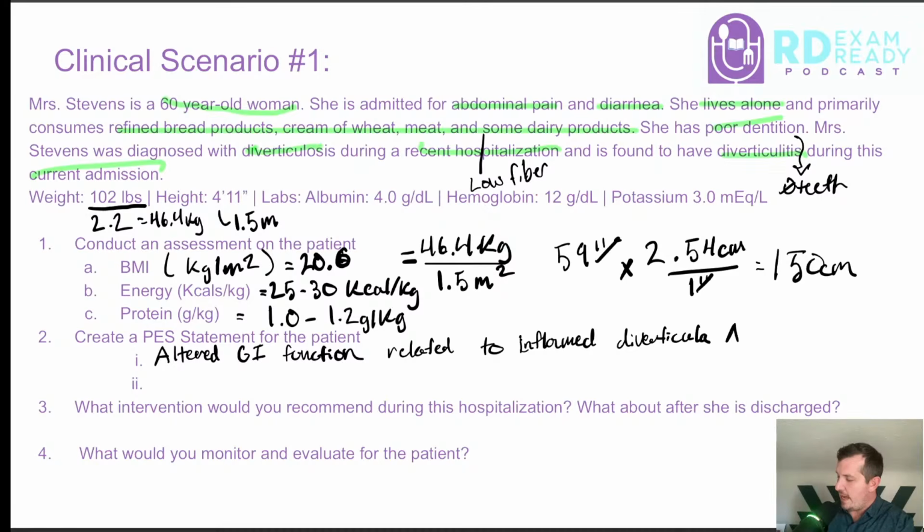As evidenced by, AEB, diagnosis of diverticulitis. Okay, cool. So I think that could work as a PES statement for this. Yep, that's a clinical one that you can see we're working on there. So that's going to be a clinical.